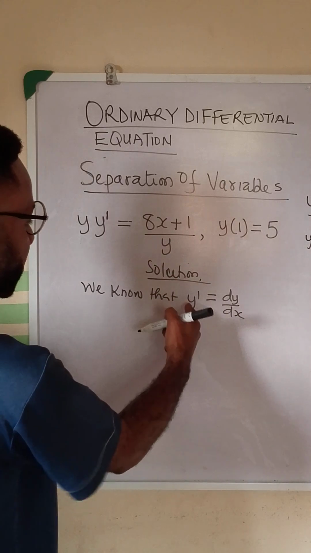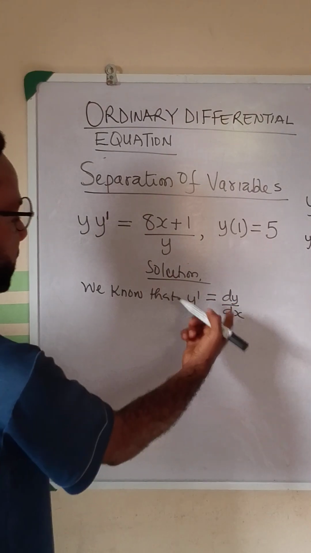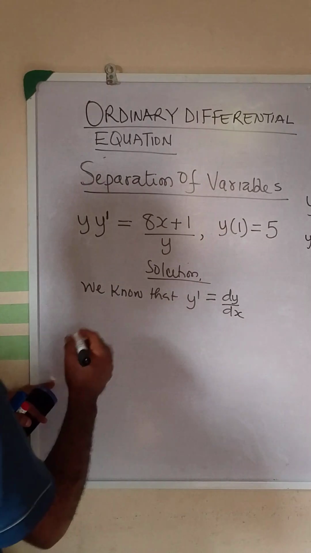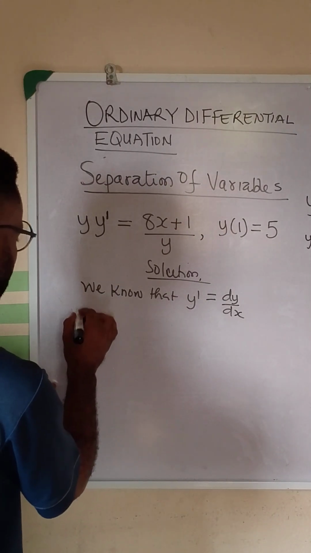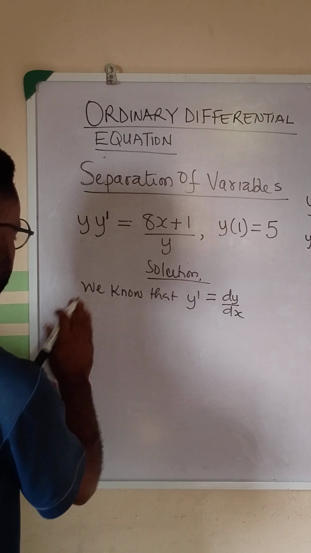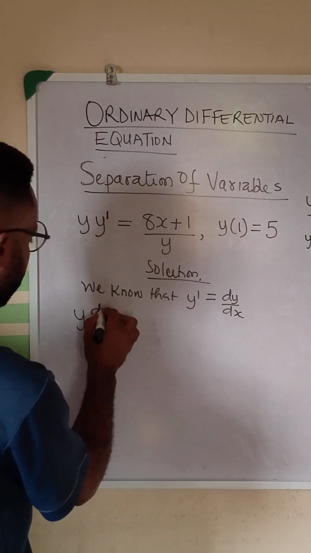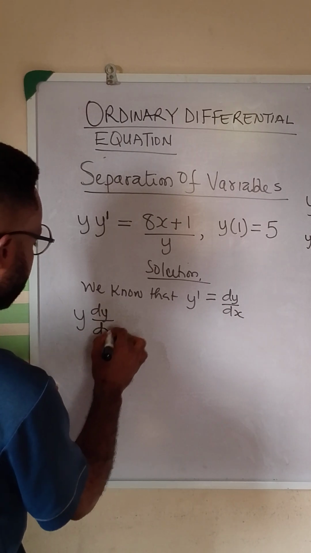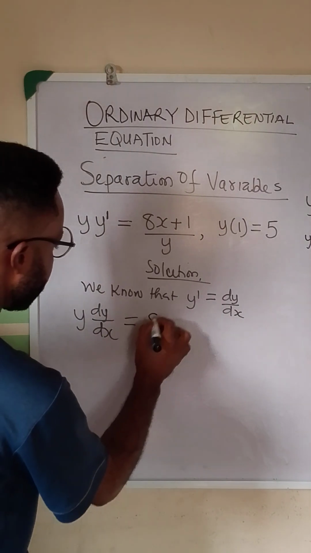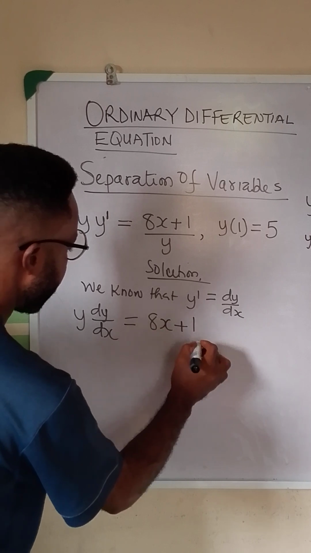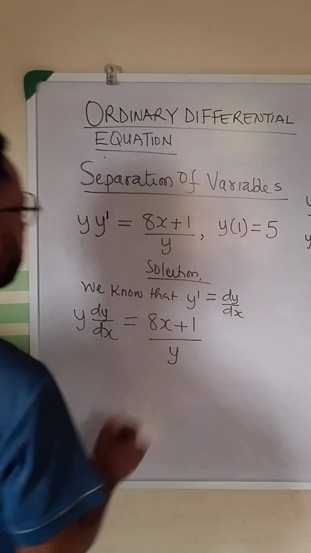So we know that y prime is the same thing as dy/dx. So we are going to bring it into this equation. Okay, we have y prime is dy/dx, so dy/dx will be equal to (8x + 1) divided by y.